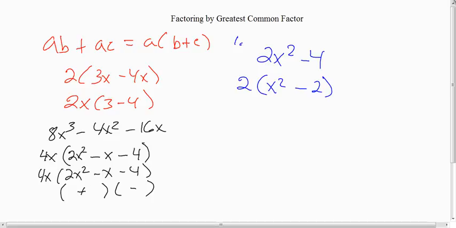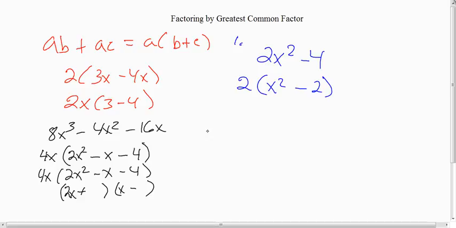Let's look at our first terms. What are the factors of 2? Only 2 and 1, so one will take 2 and one will take x. Now we must determine what to do when we multiply the inside and the outside to get 4, so we'll do a little side work.